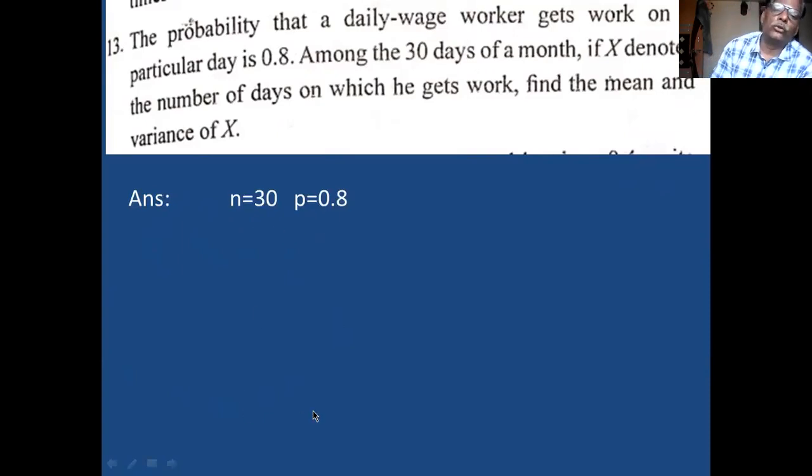What is the value of q? How to calculate q?